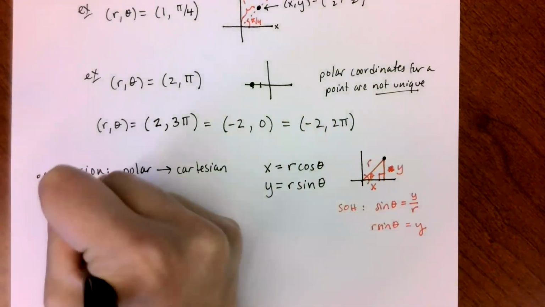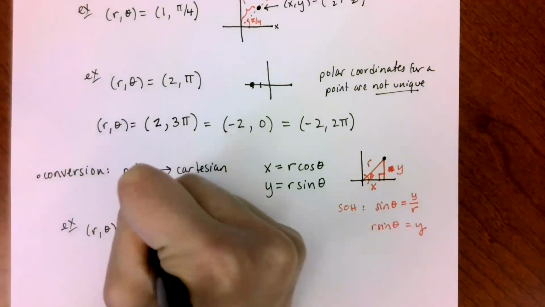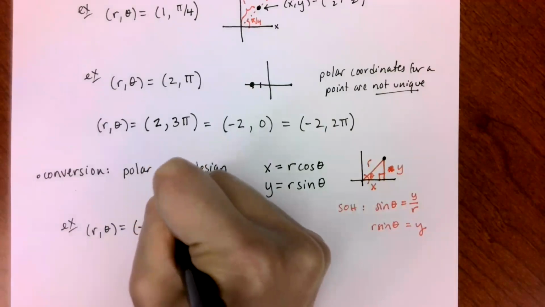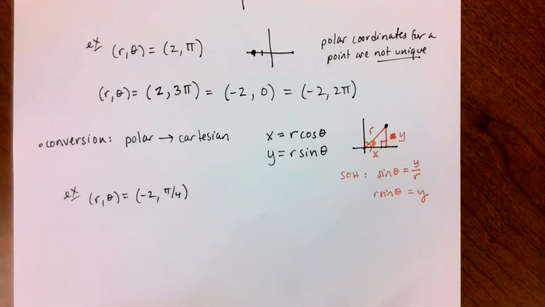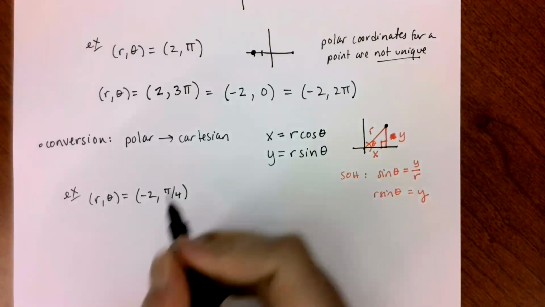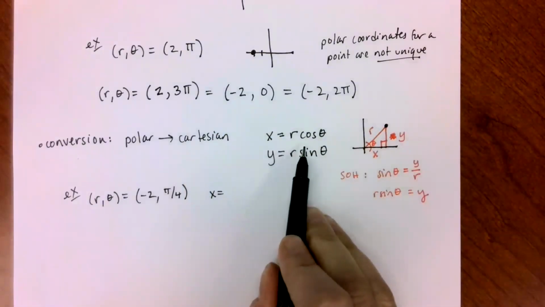For example, let's say your r comma theta coordinates are -2, pi over 4, just to see this work out with a negative radius. And we want to turn this into its x comma y coordinates. We would say, okay, well, x equals r cosine theta.